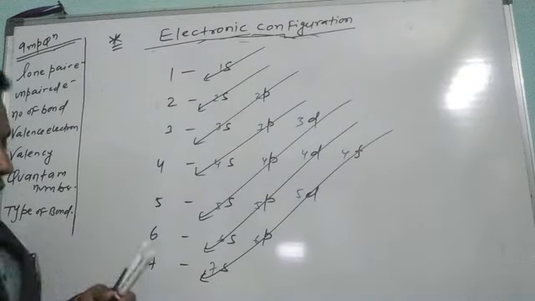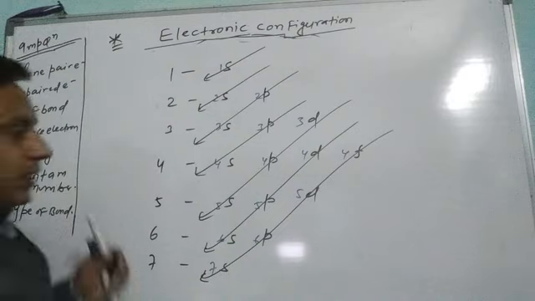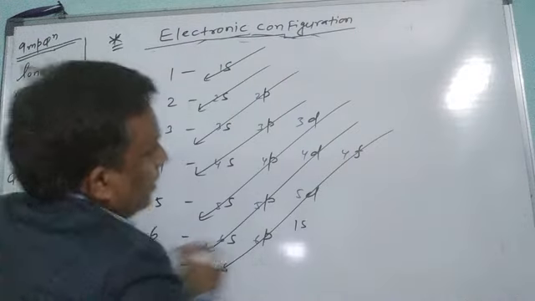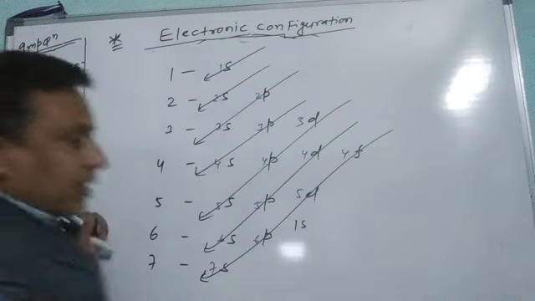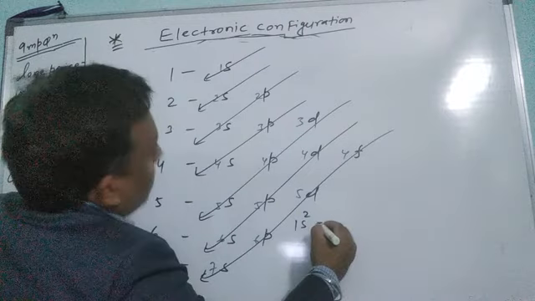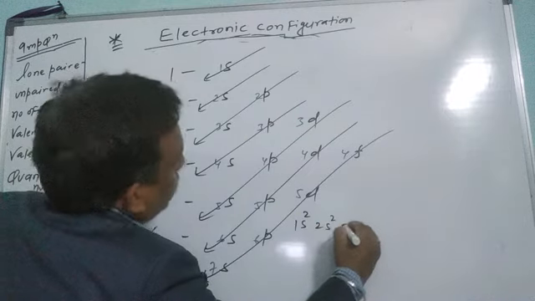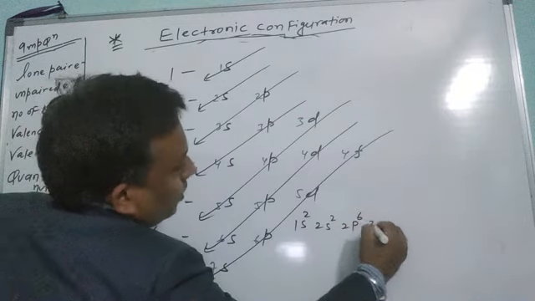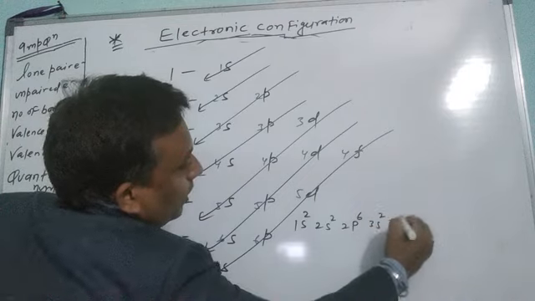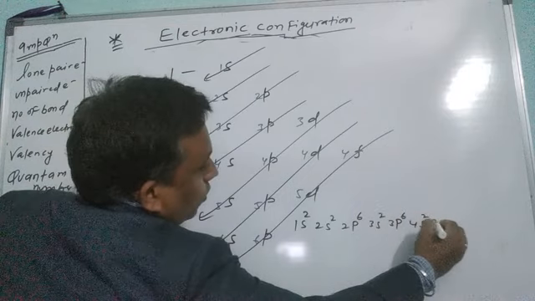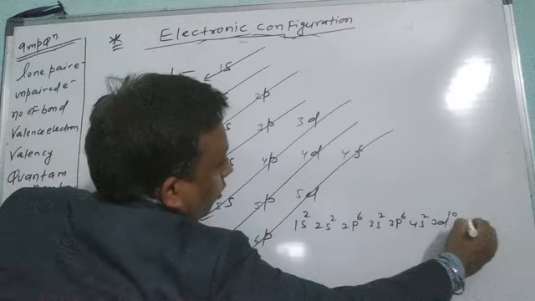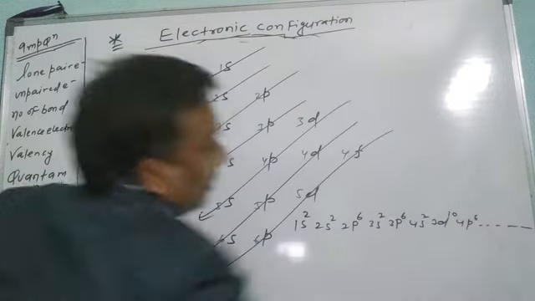So we can write 1s. How many electrons in the s orbital? 2. Second, 2s 2, 2p 6, 3s 2, 3p 6, 4s 2, 3d 10, 4p 6, etc.